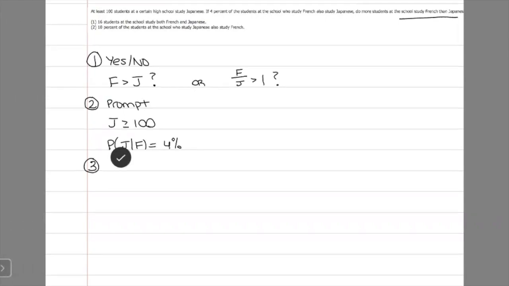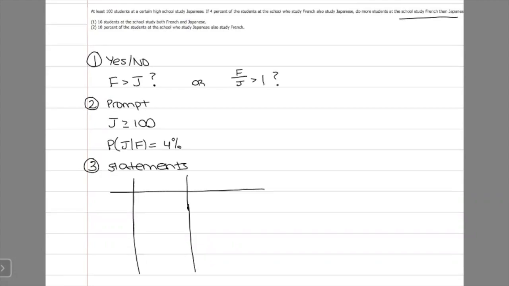So if we start with the statements, statement 1 might be a tiny bit easier just because it's giving you an actual number rather than a percentage. So just like before, we have French and not French, and then Japanese and not Japanese.